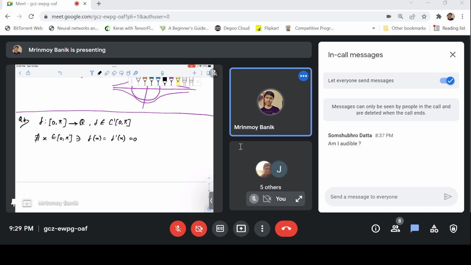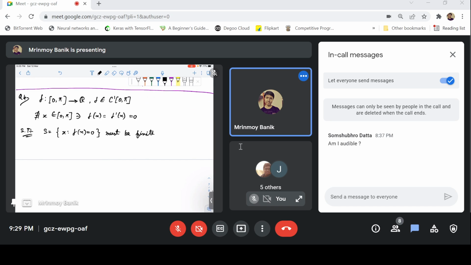And we need to show S, the set of all those x's where f of x equals 0, must be finite. Try this one out for a few minutes.